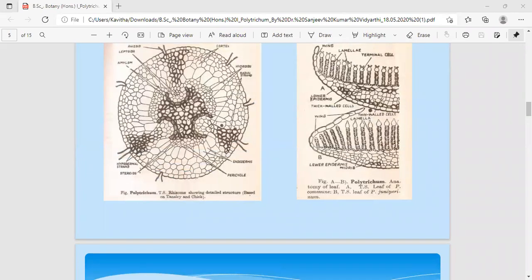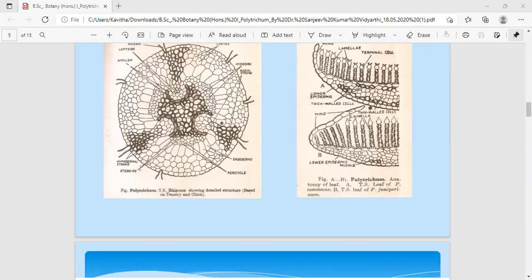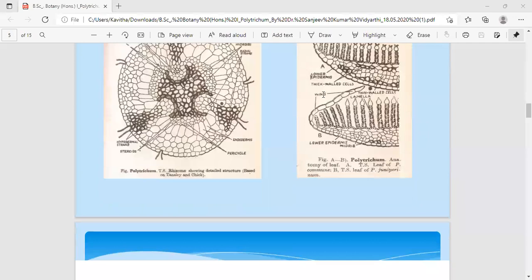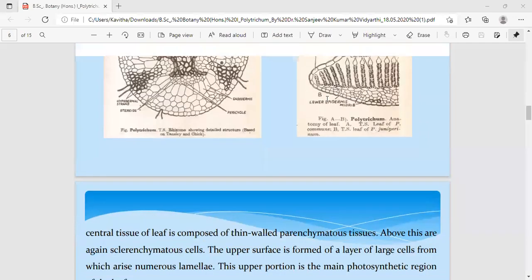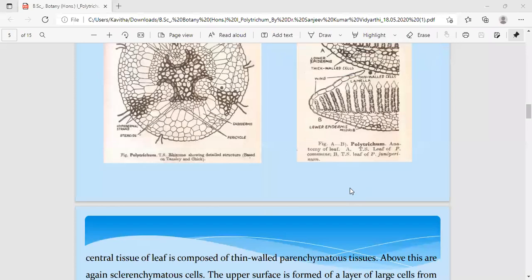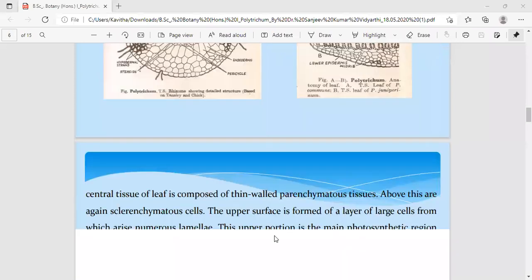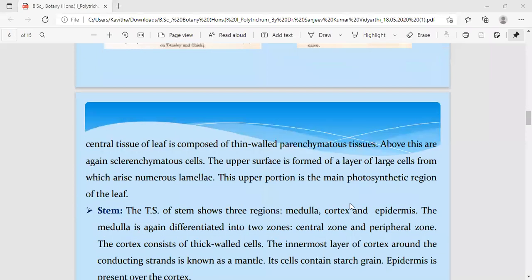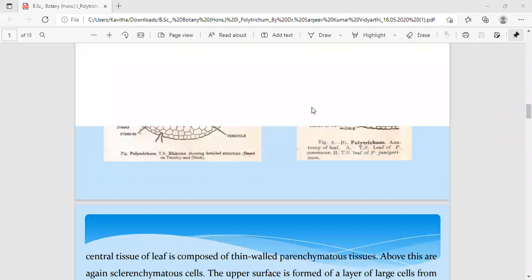So these are all the parenchymatous cells which are present in a linear form, arranged one above the other, and hence they are called lamellae, and they contain chloroplast for performing photosynthesis. So this is regarding the TS of the leaf, the transverse section of the leaf.